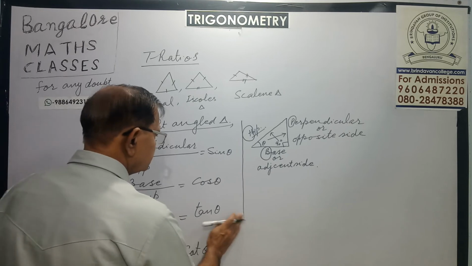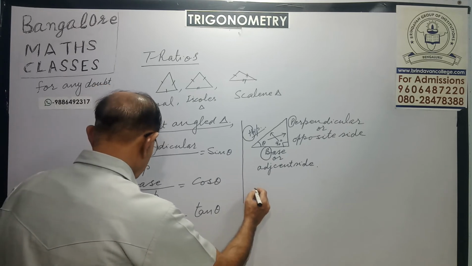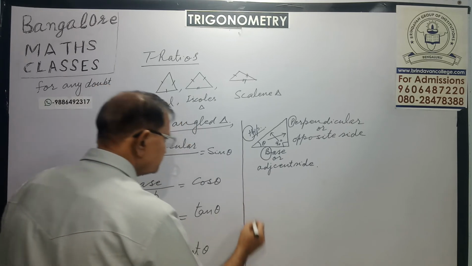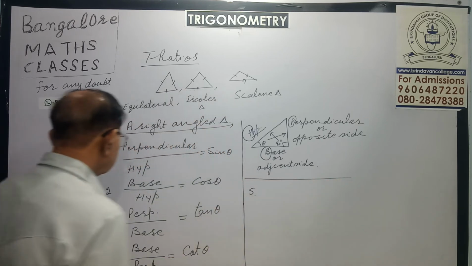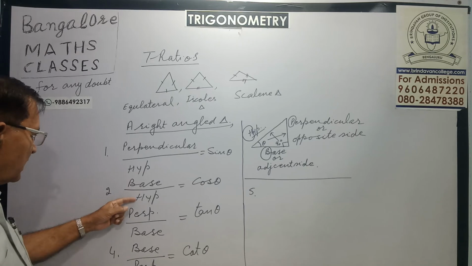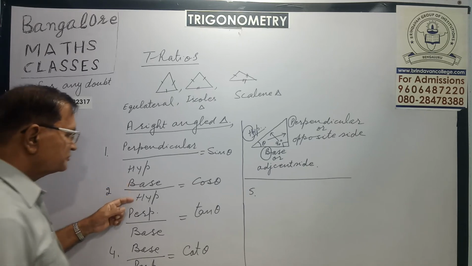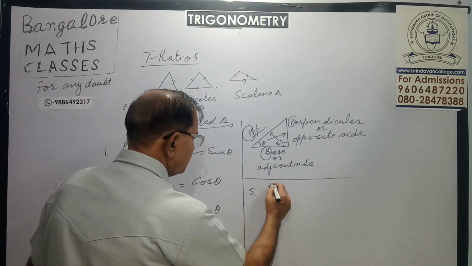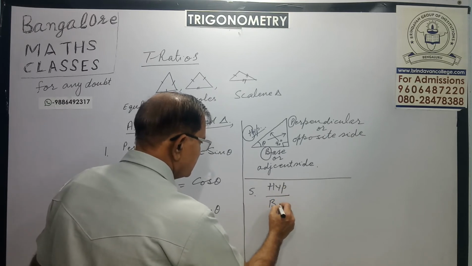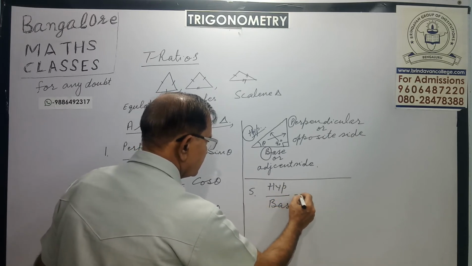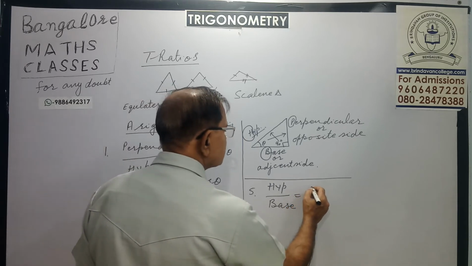Then fifth ratio, hypotenuse by base. Hypotenuse in the numerator, base in the denominator, and we name it as secant.